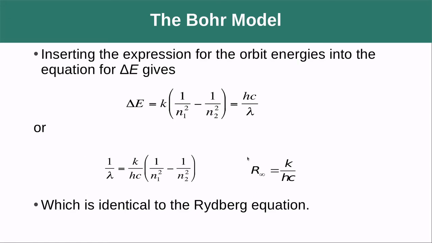And if we look at K divided by hc, that is actually Rydberg's equation. So this theory that gives us a little bit more insight into what is happening is consistent with what we already know to be true for the hydrogen atom. And this gave scientists the idea that maybe Bohr was onto something here.